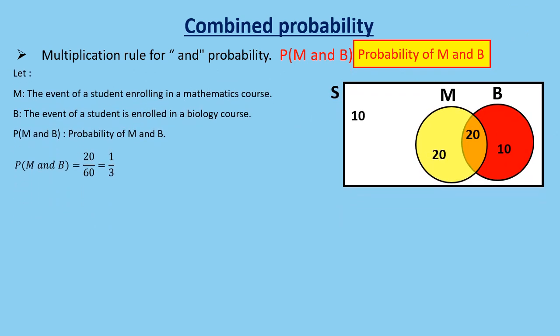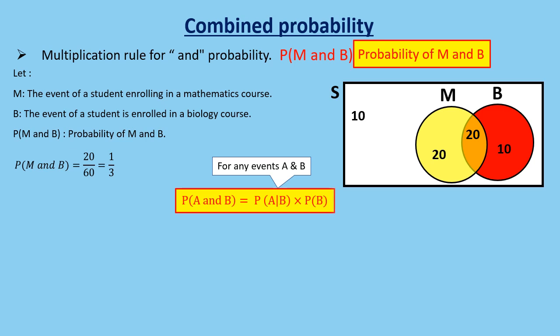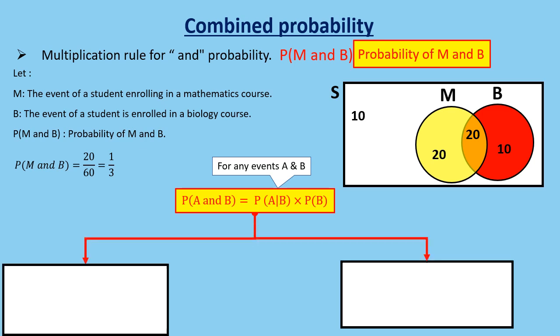The multiplication rule for the AND probability deals with finding the probability of two events occurring together. The AND rule states that for any events A and B, the probability of A and B occurring together is equal to the probability of A given B multiplied by the probability of B. In fact, there are two special cases for this rule.